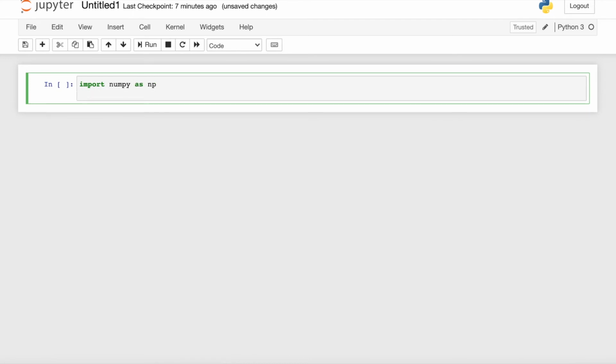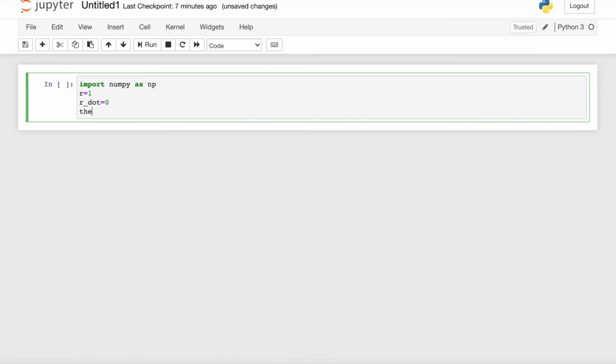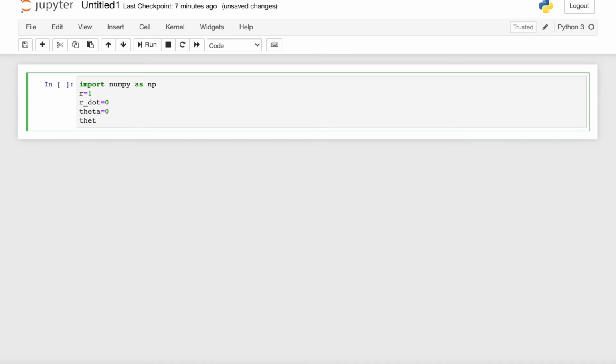Everybody knows that. Now we set our initial value of r. I'm gonna say it's 1, and our initial value of r dot, which I'm gonna say is 0. And we just initialize everything else. So theta, that's 0, and theta dot starts from rest.